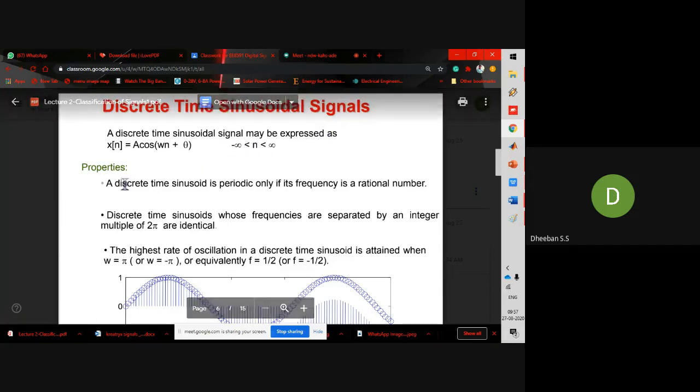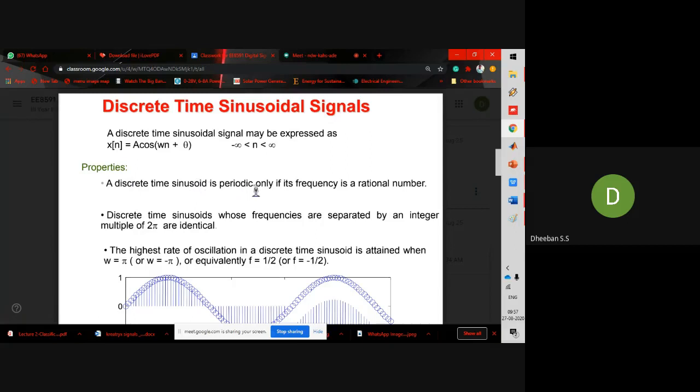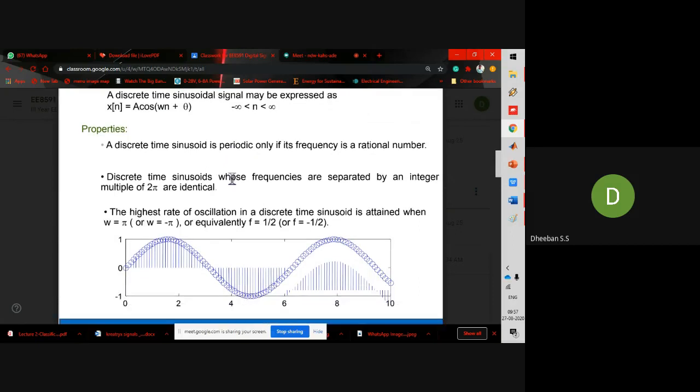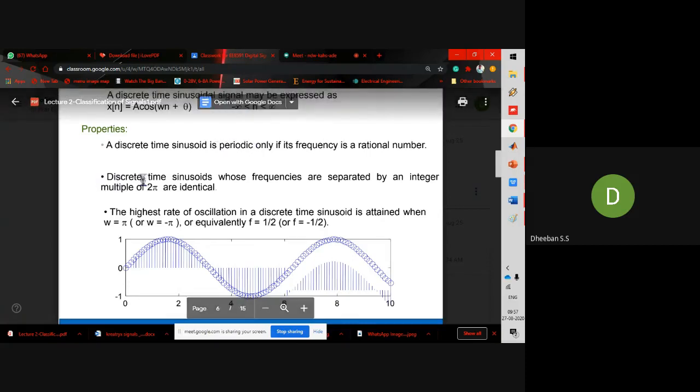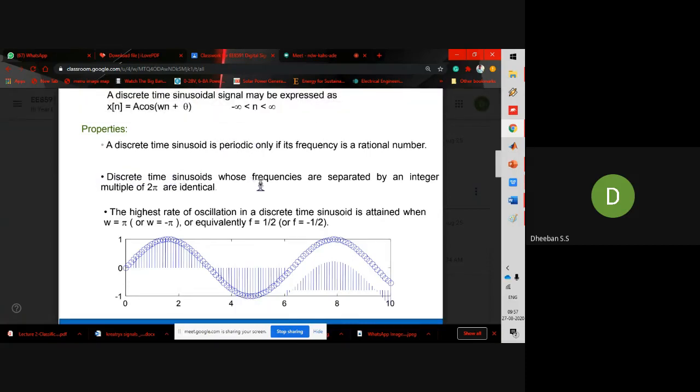A discrete time sinusoidal is periodic only if its frequency is a rational number. Here they are specific in terms of periodic, so I will explain what is periodic. Then, discrete time sinusoids whose frequencies are separated by an integer multiple of 2 pi are identical.